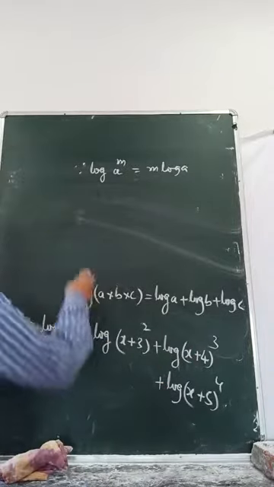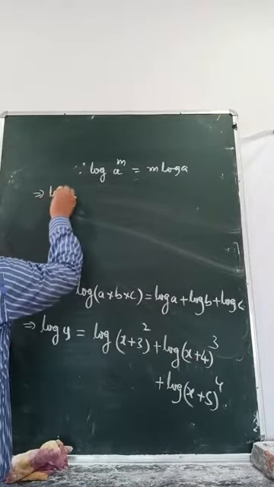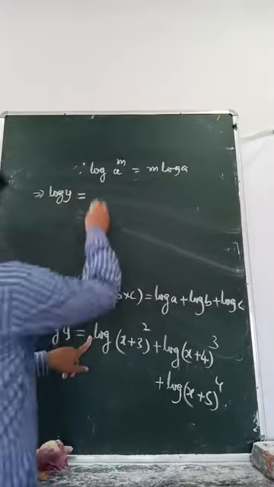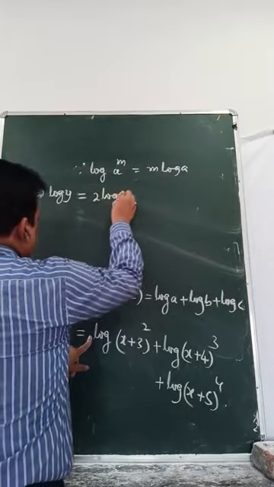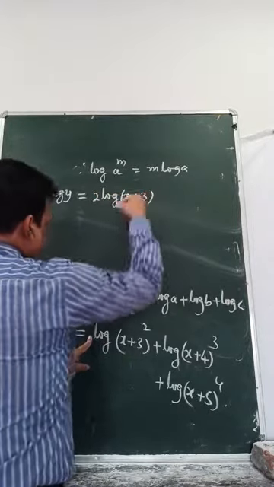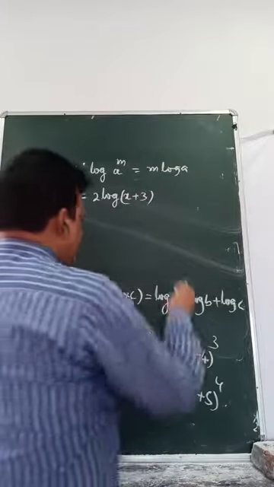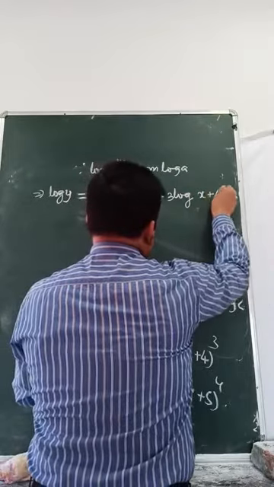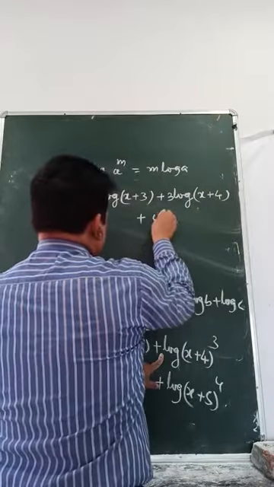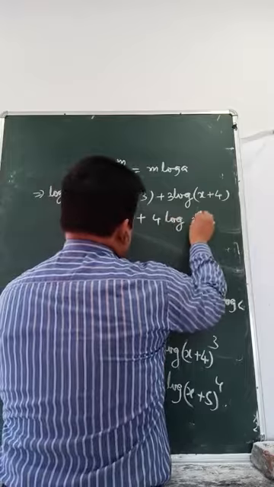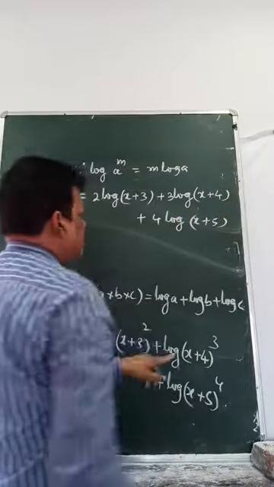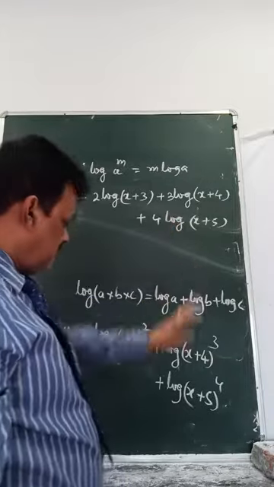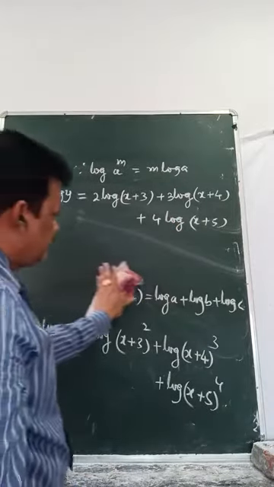So I can write log y equals 2 will come here, 2 log x plus 3, then 3 log x plus 4 plus 4 log x plus 5. Now it is simplified. So now we can take the derivative for this. It will be easy for us.